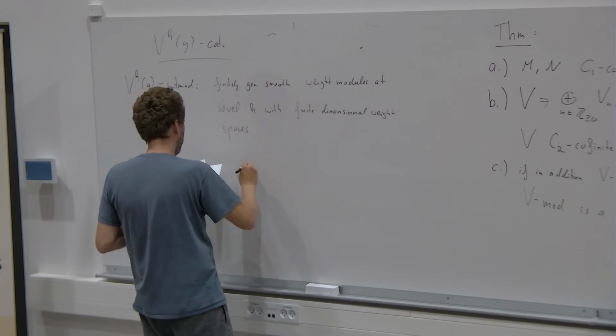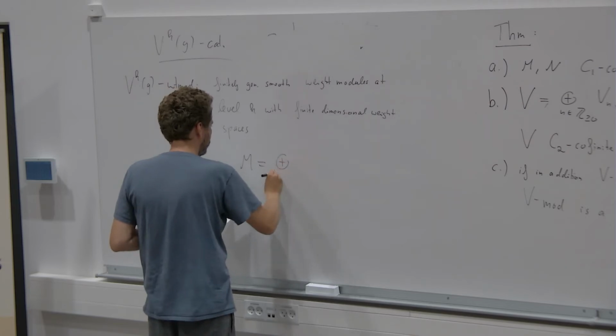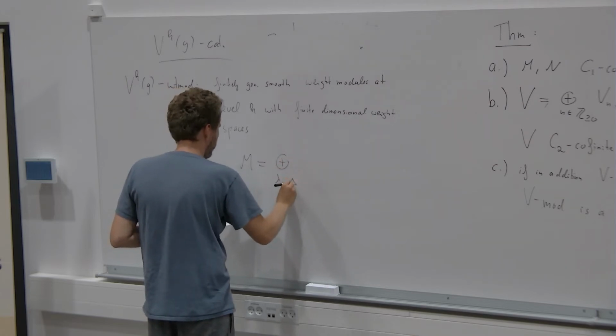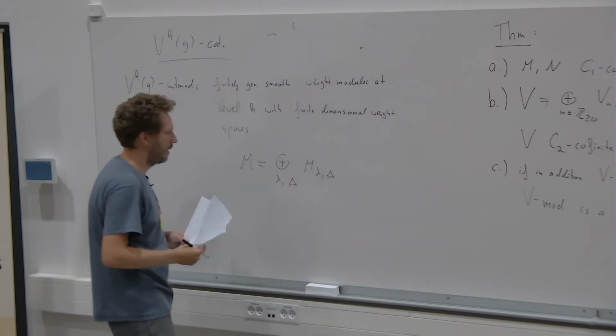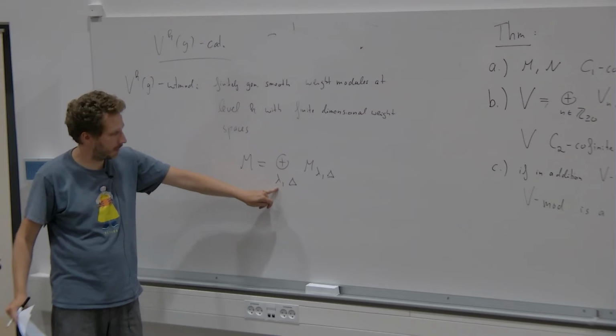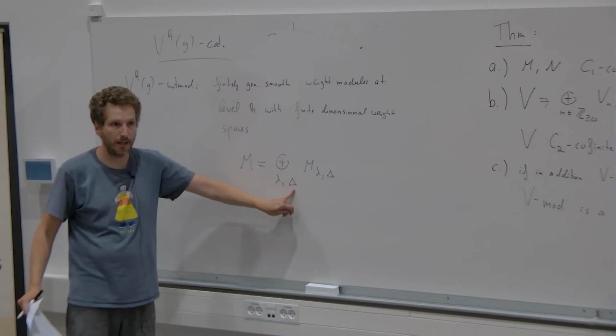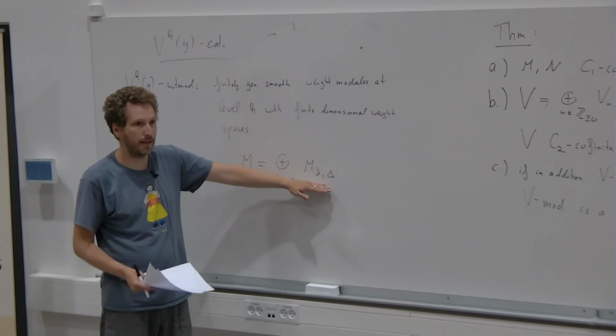So this means we would like a module to be bi-graded by the Cartan subalgebra of the Lie algebra and by L0 eigenvalue. You require that these bi-graded spaces are finite dimensional.